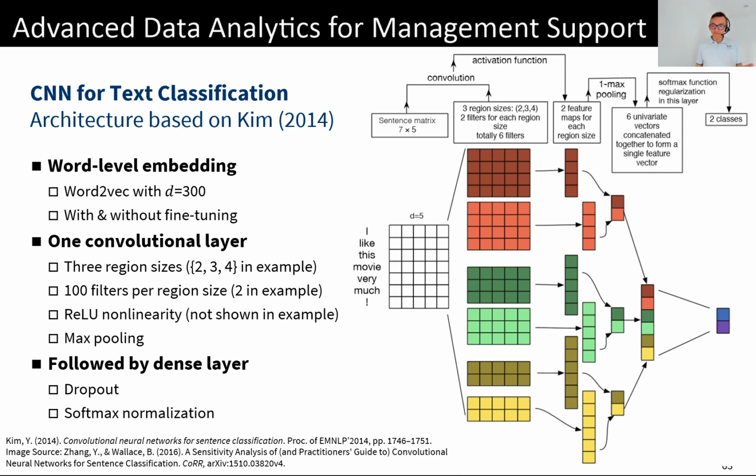With the previous part, we should be able to make some sense out of this picture here. He was focusing on sentence classification. The subsequence is a sentence, such as, I like this movie very much. You can guess which corpus he was using. It was the IMDb corpus.